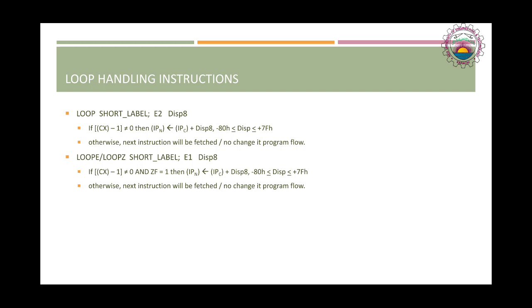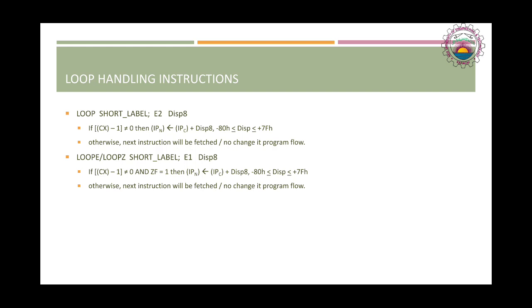And the second condition is that the zero flag should be having logic 1. So if both conditions are satisfied, then IP will be added with the 8-bit displacement and you will be having a new value for IP. The limit for the jump is the same as we have discussed earlier. If one of these conditions is not satisfied, then the loop will be terminated, or you may say that there will be no change in program flow.